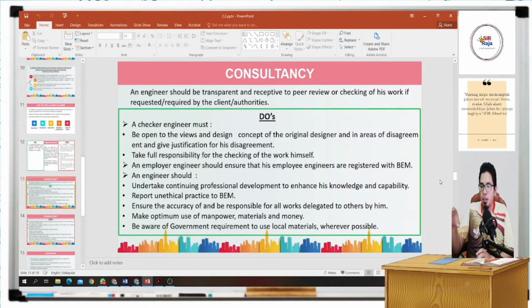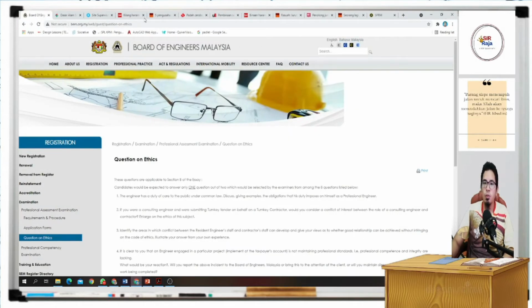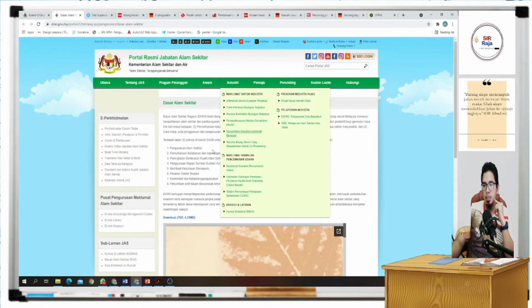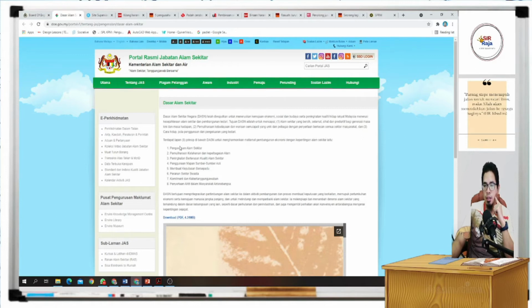So if there are some requirements related by government, especially in the case that I mentioned about the waste, we can look here. Let me share with you. So this is one of the jabatan, okay, under Kementerian Alam Sekitar dan Air. So this is Jabatan Alam Sekitar. One of their job scope is pengawasan alam sekitar, pemeliharaan ketahanan, membuat penilaian.